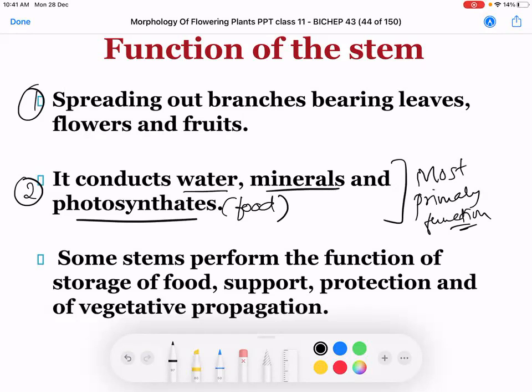Right? The stem is originated for this purpose only. So this is the secondary function. And the third function is to perform extra functions like storage of food, support, protection, or vegetative propagation. Fine.